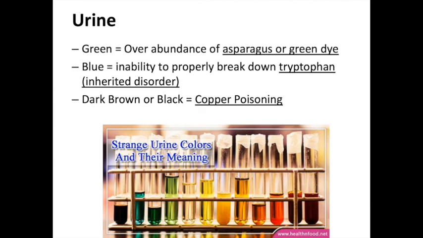And here's one that you do have to worry about: dark brown or black urine. That is copper poisoning. Right? Certain pots and pans that cookware are made out of copper. Not that big of a deal because it comes with a coating, usually a non-stick coating. You're fine. But older pots and pans, the non-stick coating starts to chip away, breaks away, and people are now cooking directly on the copper.